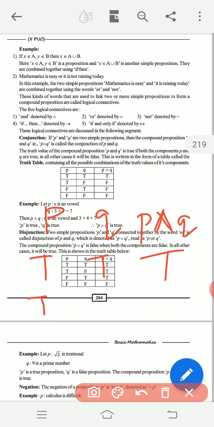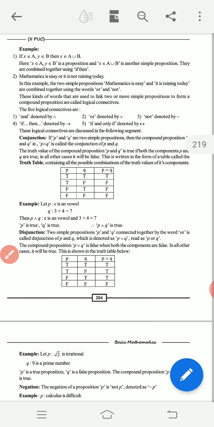Suppose the first one is true, the second one is false, then the compound statement is false. Suppose the first one is false, the second one is true, then also it is false. If both the statements are false, then also false. The truth value of the compound proposition P and Q is true if both components P and Q are true. In all other cases, it will be false.